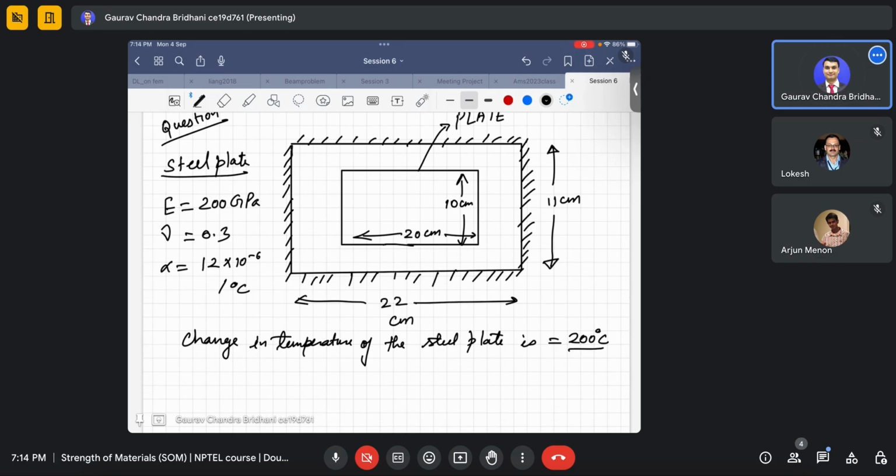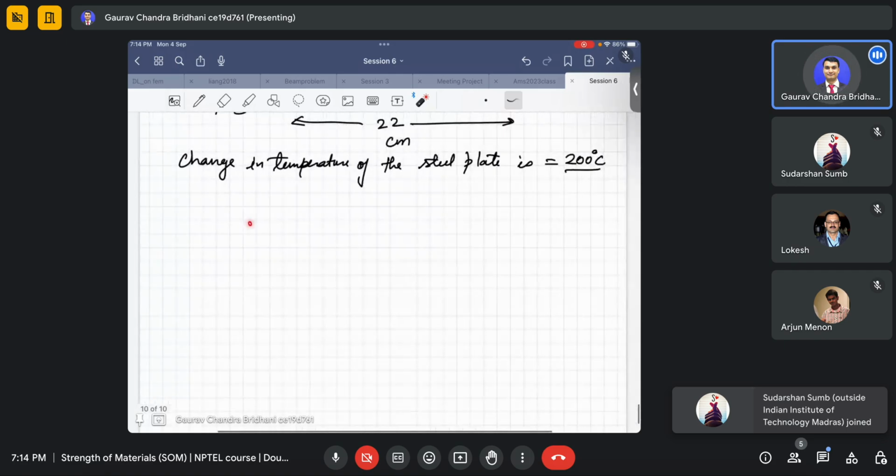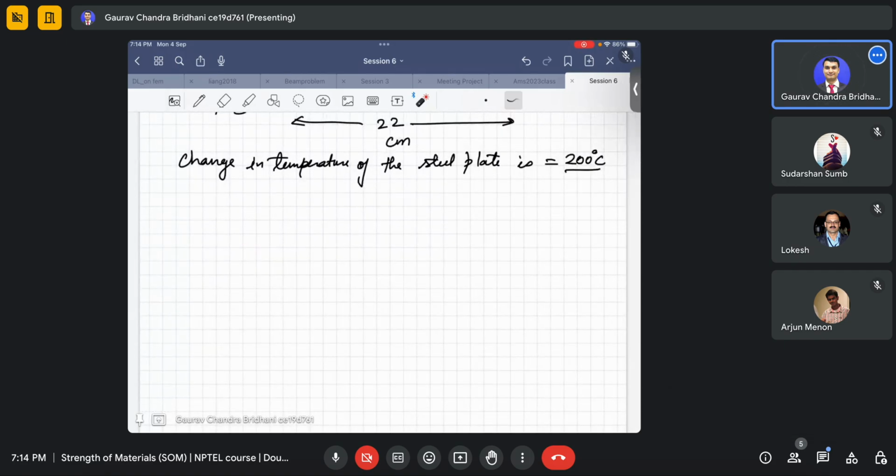We have to use some of the properties which the professor has already told in the lectures. So suppose this is an object or body made of any material which has some non-zero coefficient of linear expansion.